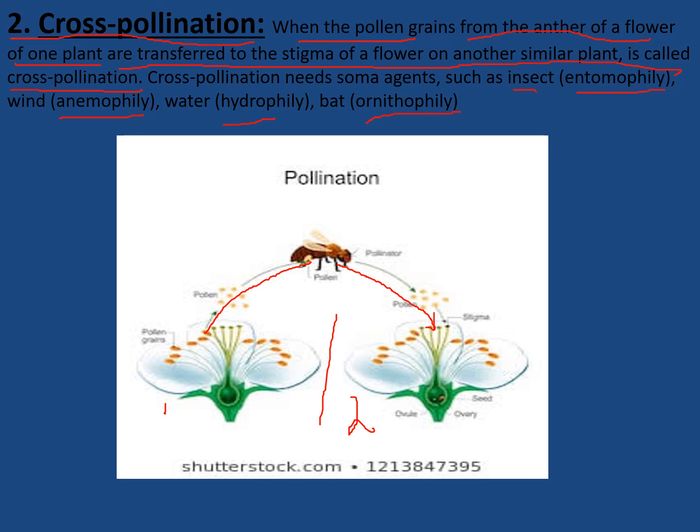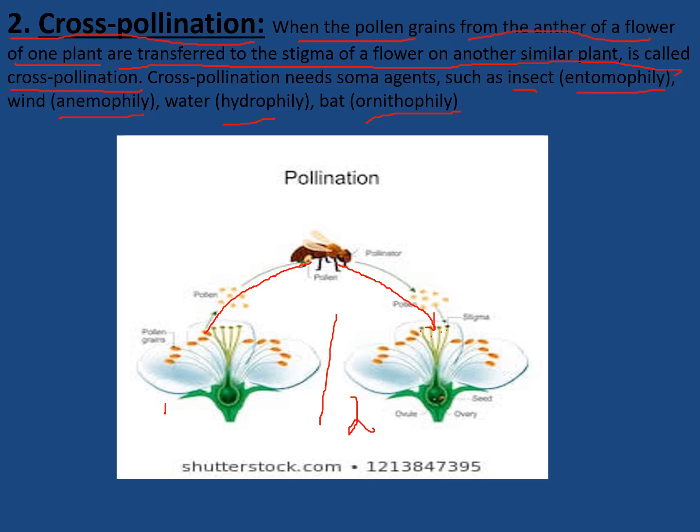At that time the bee takes some of the pollen grains, or the pollen grains stick to its surface, then this bee will enter another flower. At that time this pollen grain will be transferred to the stigma portion. After that, pollination will start.